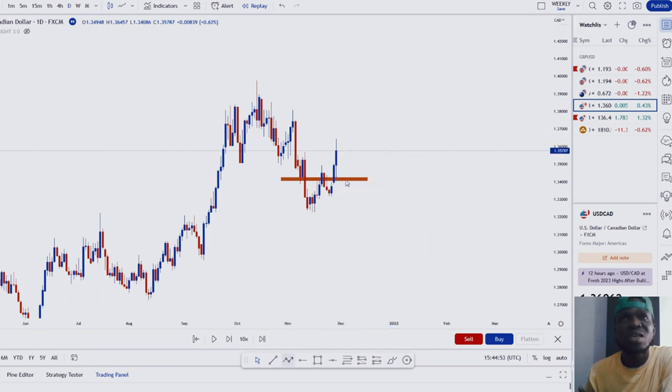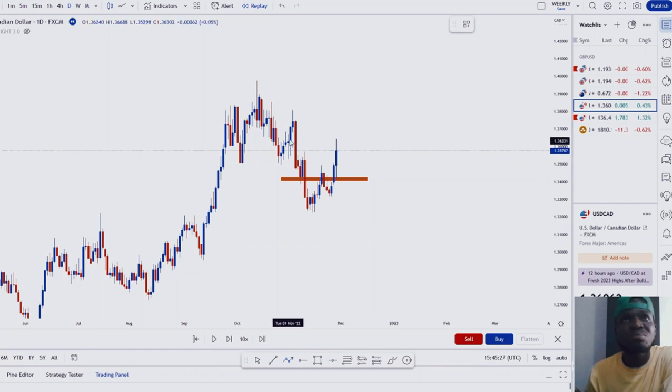Wait patiently for price to break and retest the major zone. This zone was acting as a resistance, but price broke it. Then you have to wait for price to retest the zone before you take any decision in the market, for the continuation of the market to give us a higher high, then a higher low. Because this is clearly an uptrend movement.